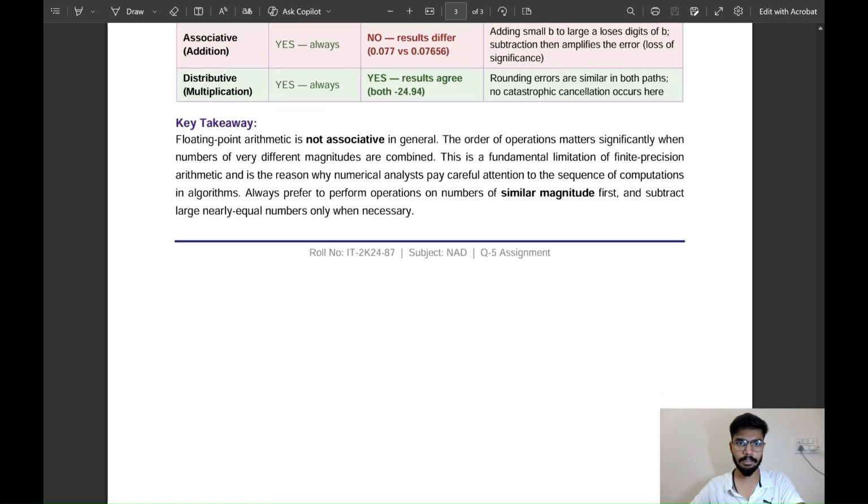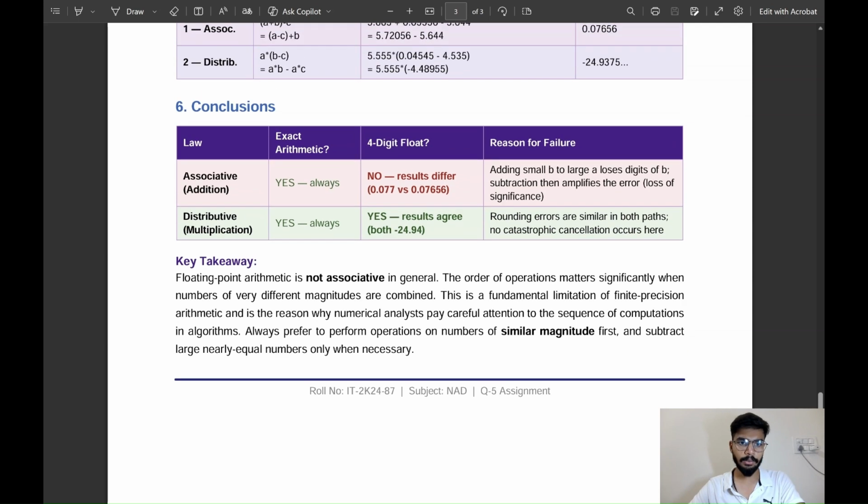Finally, floating point arithmetic is not associative in general. The order of operations matters significantly when numbers of very different magnitude are combined.